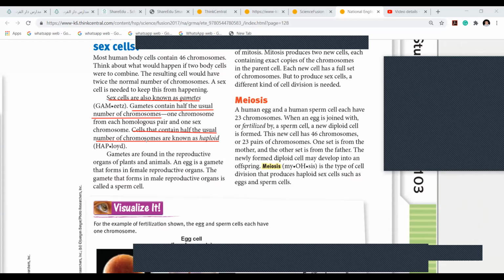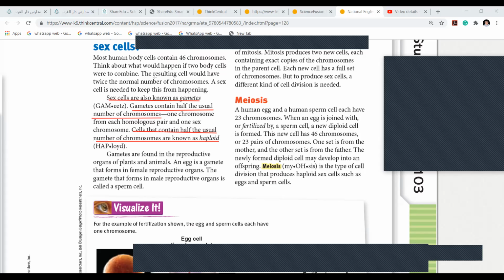Now here, cells that contain half the usual number of chromosomes are called haploid. So sex cells are haploid cells because they contain half the number of chromosomes. Girls, please read the lesson today after the class or in the evening. It's not that easy. Cells that contain half the number of chromosomes are called haploid cells.